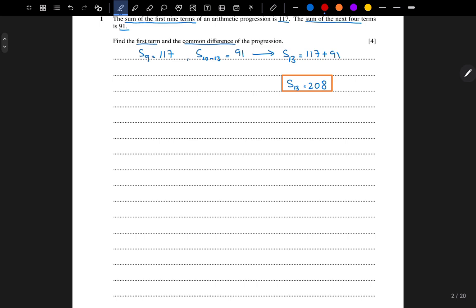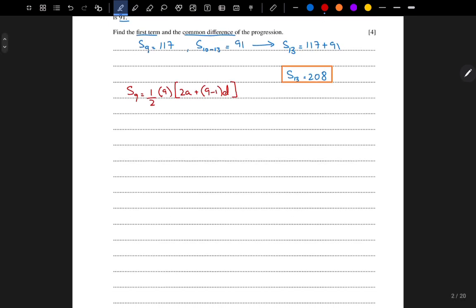We can apply the arithmetic progression formula on both of these sums that we have found out. So the sum of the first 9 terms will be equal to 1/2 into 9 bracket 2a, which is unknown, plus 9 minus 1 d, which is also unknown, and we need to find.